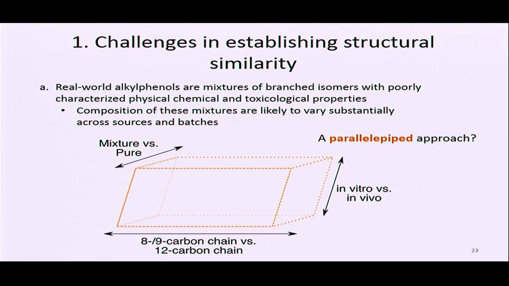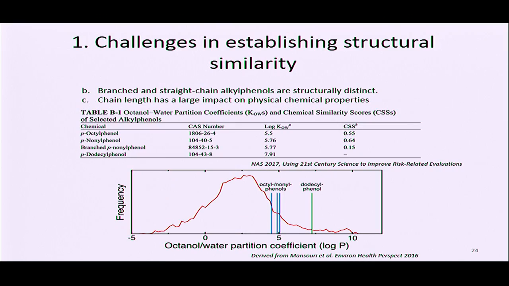And I should mention there's another axis that I left off, which is species extrapolation. This was the limit of my artistic ability. It's hard to make a four-dimensional thing and show it here.